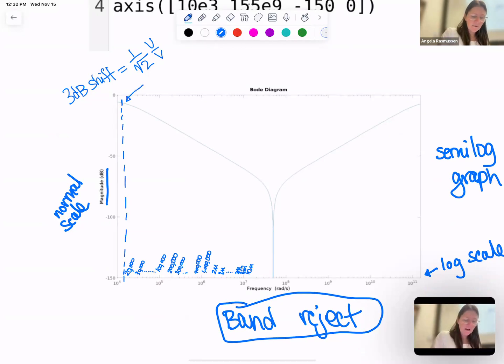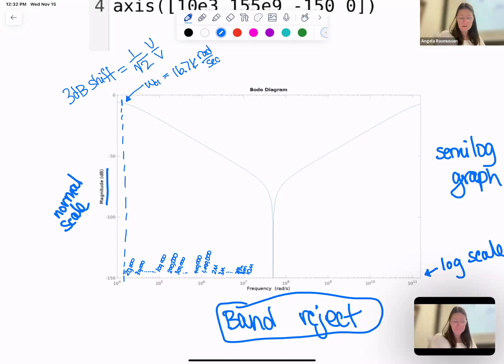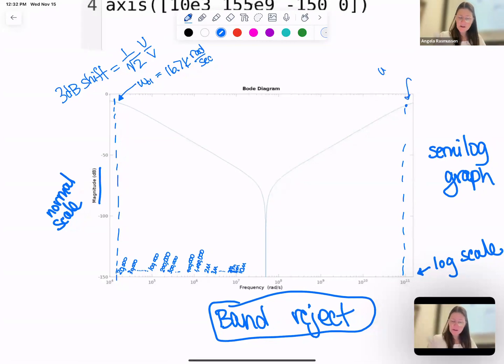When I measured it, this one came out to be 16.7 kiloradians per second. And over here, the same value is somewhere up here, and clicking on this graph gave me about 150 gigaradians per second.